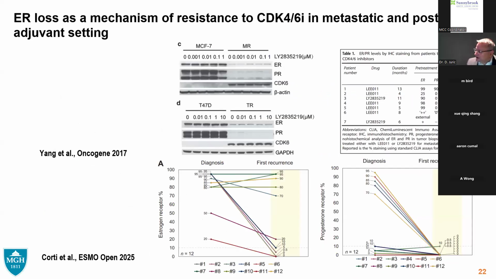One aspect of the biology of tumors in the post-CDK4/6 setting that's somewhat scary is that the tumor may completely become independent of ER. And ER loss was probably the first acquired resistance mechanism that was described in the context of metastatic breast cancer, but more recently was actually shown to be a relatively frequent observation with early recurrences on adjuvant CDK4/6 inhibitors.